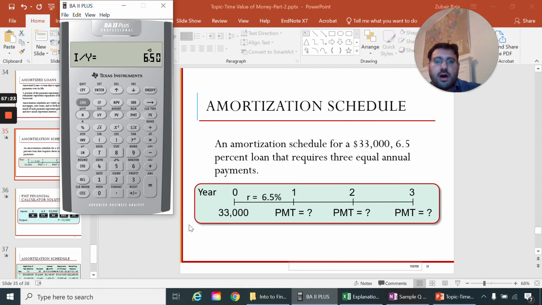Now 33,000 I borrowed, so this 33,000 is available to me to consume, right? When there is no sign, by default it's a plus sign, right? So 33,000 is my present value. Why? Because right now, at year 0, I'm able to get this money.